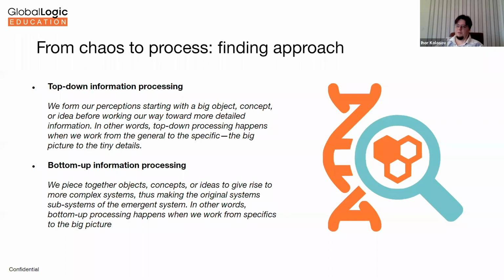And also we have the bottom-up information processing approach, which works in the opposite manner, right? So vice versa, you start from the bottom, from your atomic objects, concepts, ideas, and you stick them together somehow inside your brain, inside your imagination, and you have a complete system as a result.